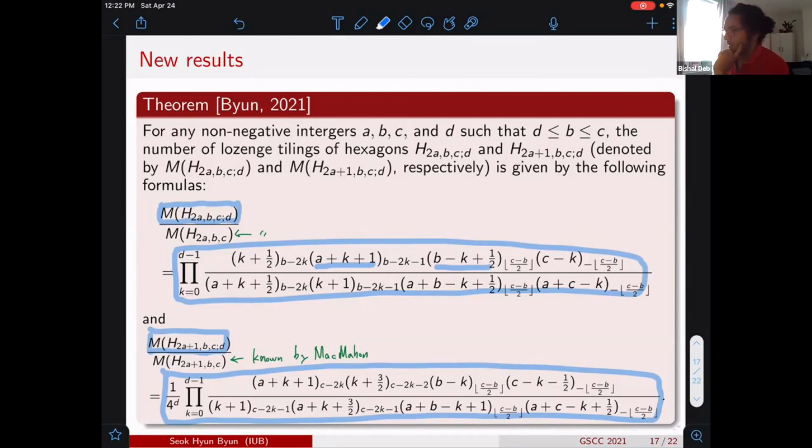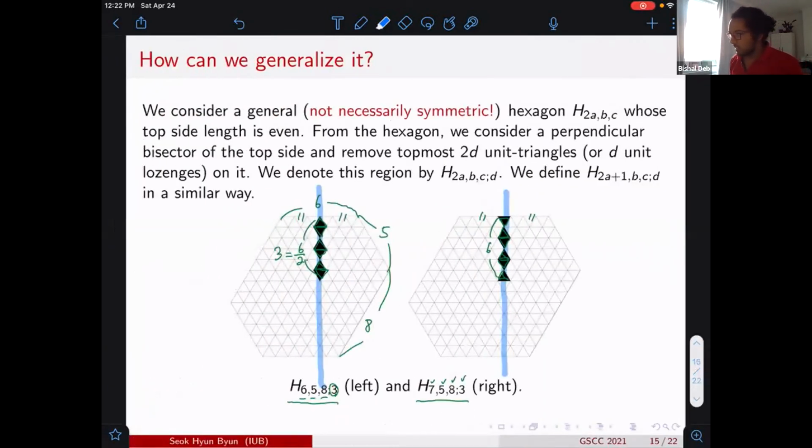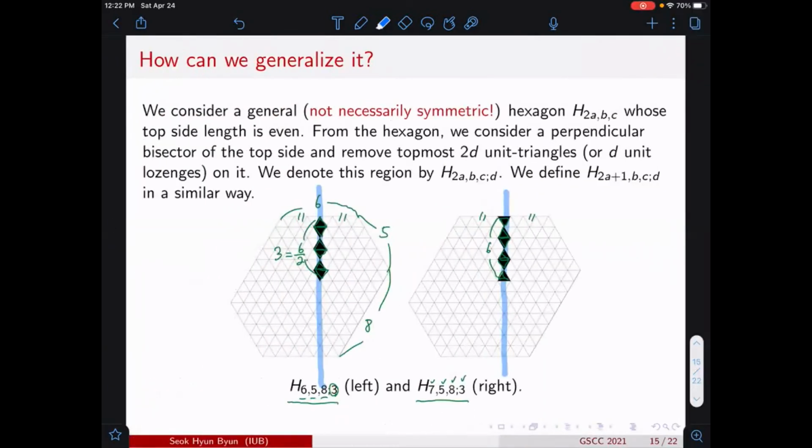So I have two questions. The first question is, do you have any results about enumerating lozenge tilings where some lozenges are missing, but not on the vertical symmetry axis, but rather on some other locations? Right, from the perpendicular bisector of the top sides.